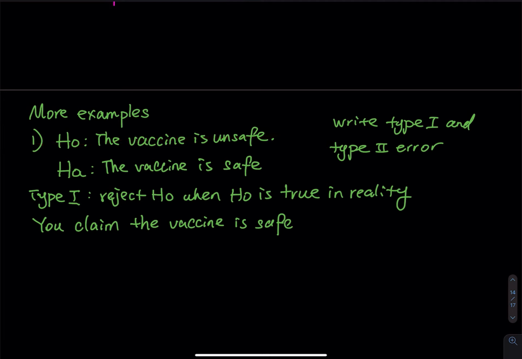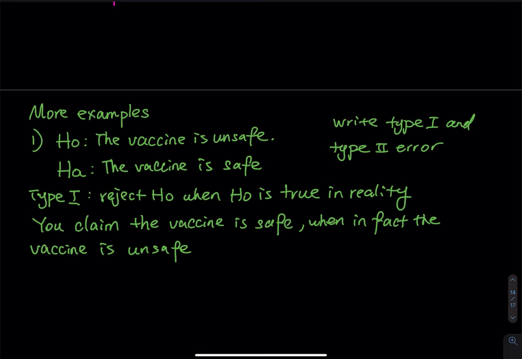And then when H naught is true in reality, I write this, comma, when in fact the vaccine is unsafe. So that's why I said H naught is true, then you repeat the content of H naught in when in fact the vaccine is unsafe in reality. Since you wrote in fact, then you don't have to write in reality.